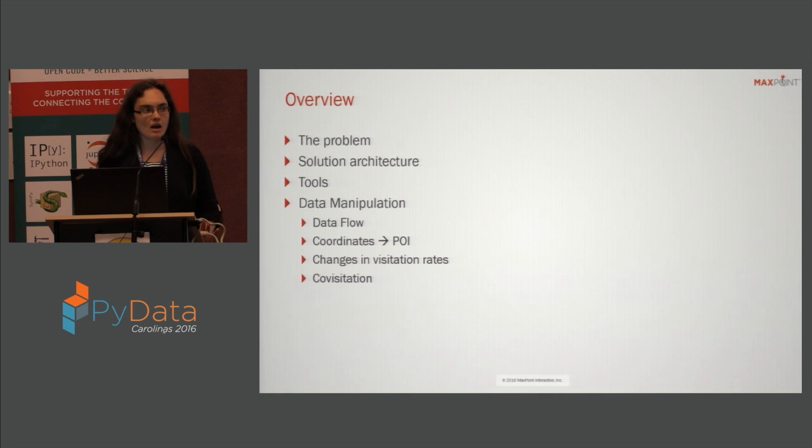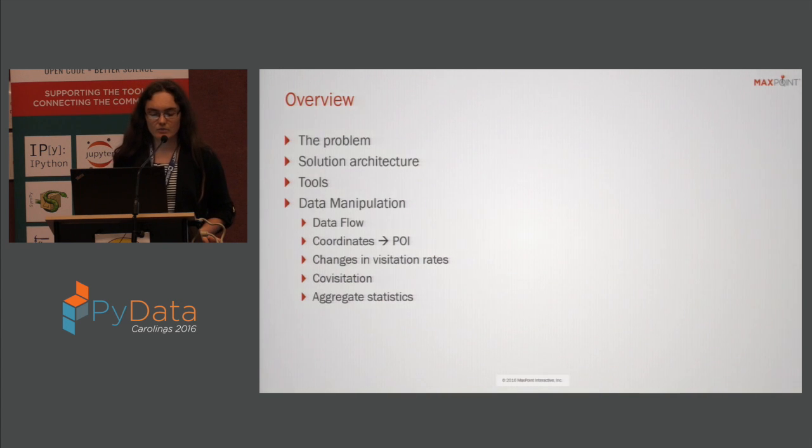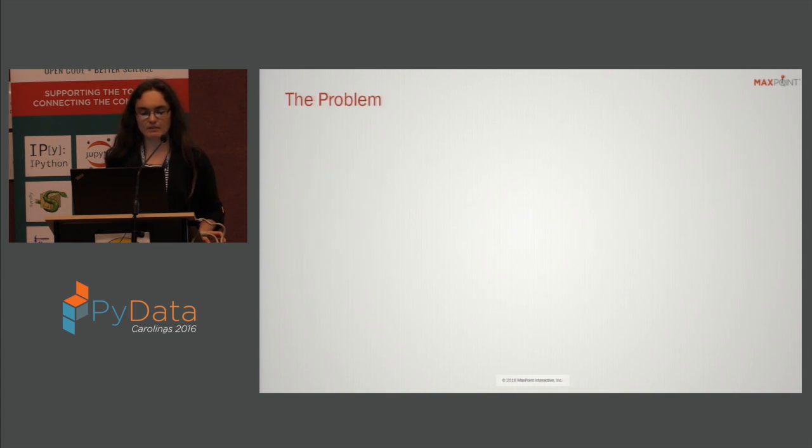So that being, I have a place I want people to visit. Where else did they visit as well? Where did the people who visited my place, where else did they go? And also some cool aggregate statistics that we came up with for some neat insights.